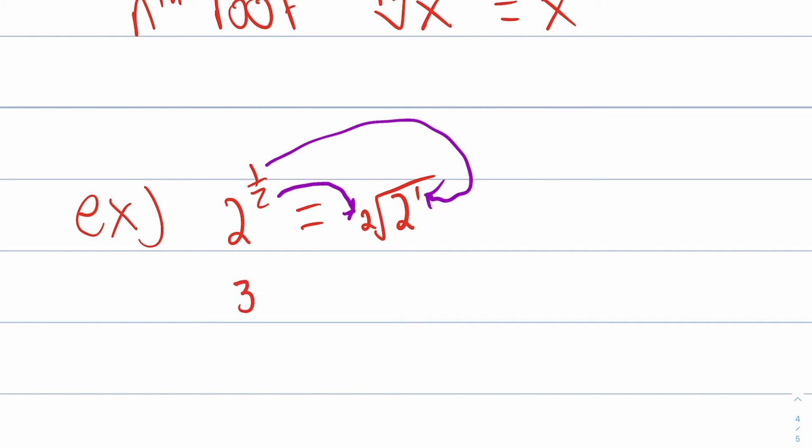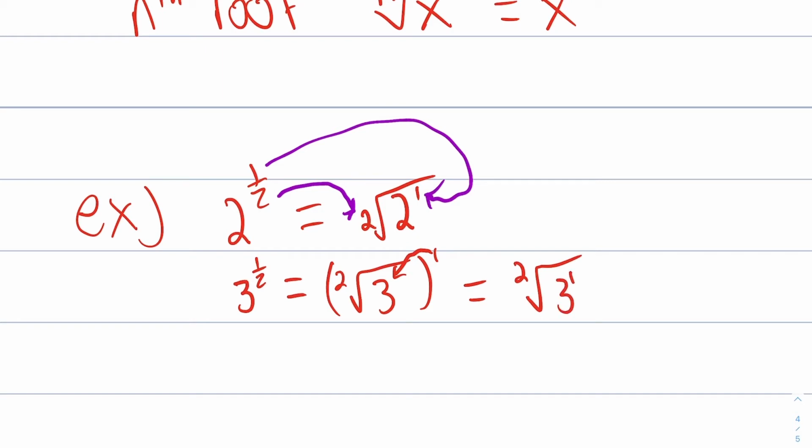3 to the 1/2 power would be equal to a 2 on the outside, a square root of 3, and that top number, that power, the number 1, you can, if you wanted to, put it out here. The reason why it's okay for you to put it out there is because it'll just distribute back inside, and that would be equal to the square root of 3 to the first power.